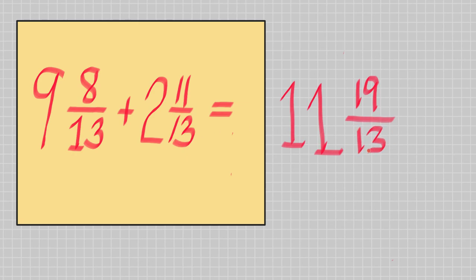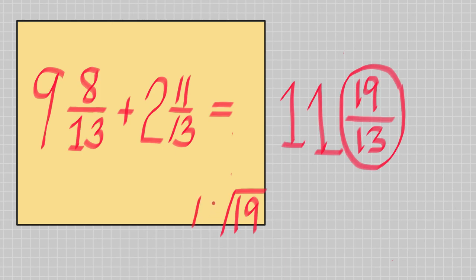But take note, this is not yet final. This is an improper fraction, so you need to change this improper fraction into a mixed number. Let's change this first into a mixed number: 19 over 13. Let's divide. 19 divided by 13 is 1. 1 times 13 is 13.